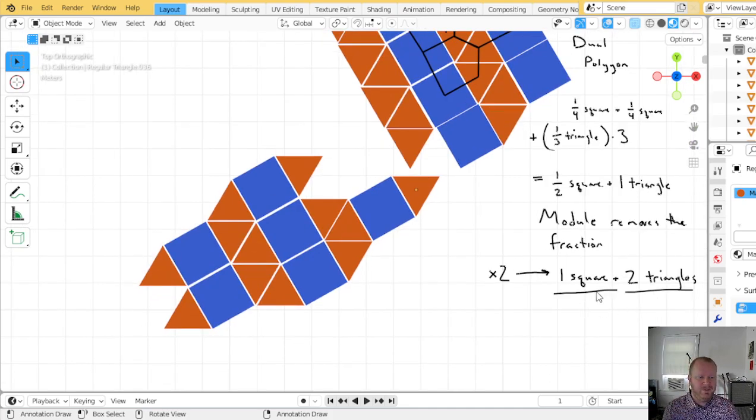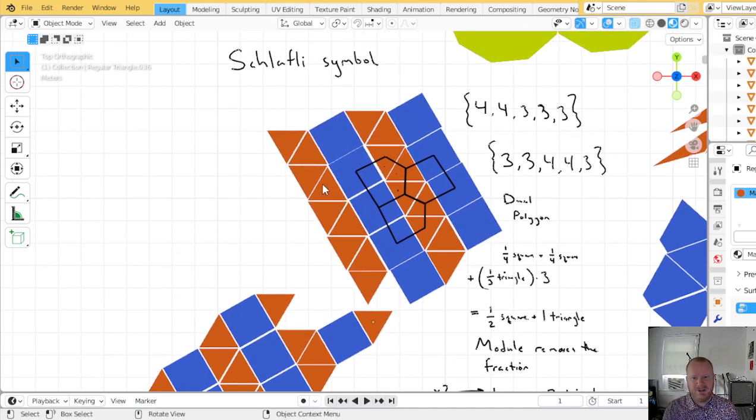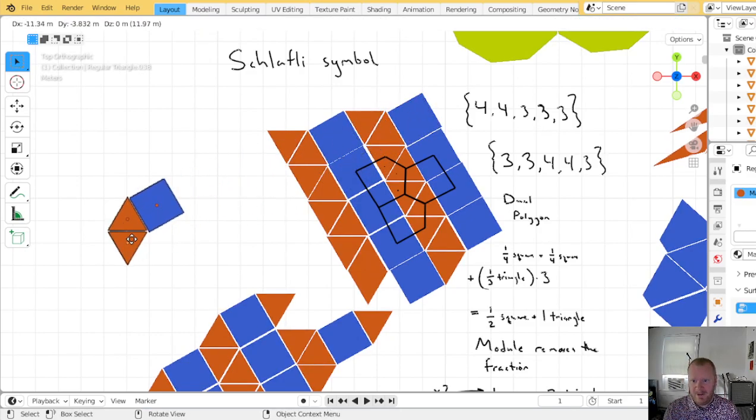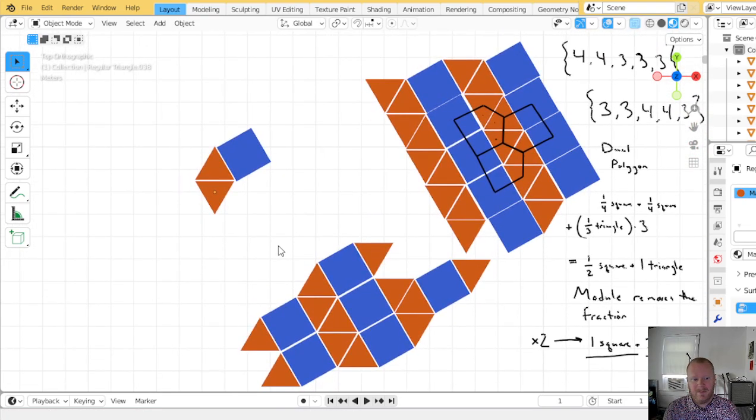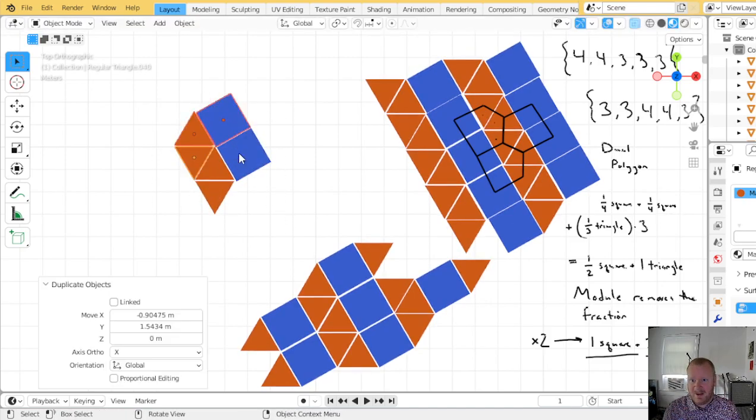So that module consisted of 1 square and 2 triangles. That's not the only way that I could have made this 1 square and 2 triangles. So go ahead. Right, this is another version of the same thing, but I can take this and tile the plane just as easily with this shape.